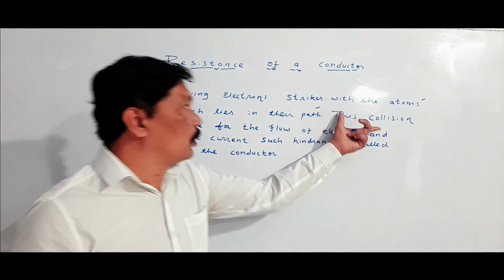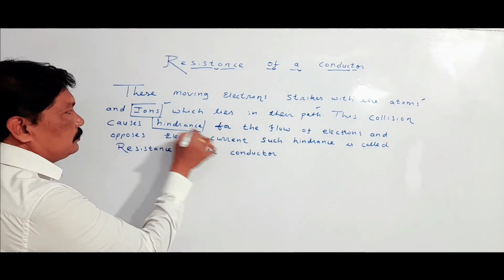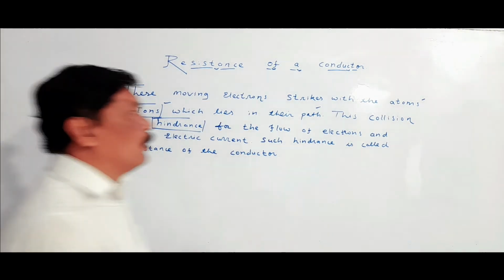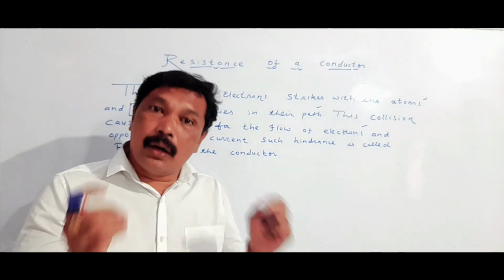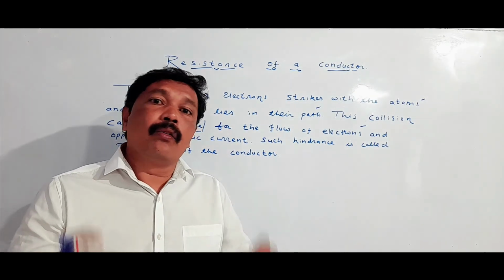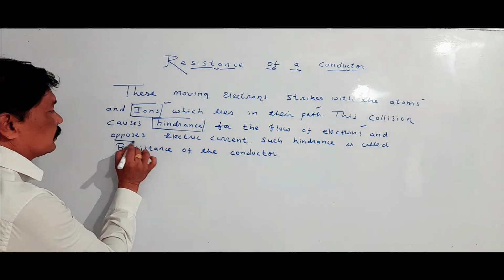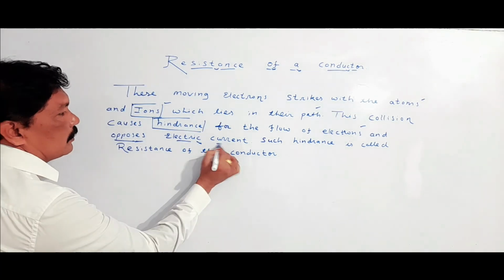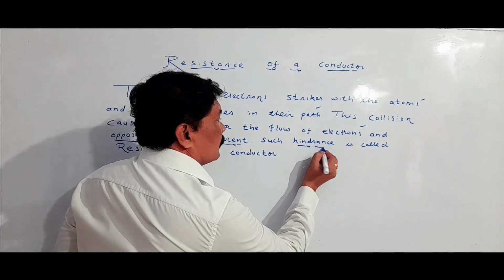Such collision causes hindrance for the flow of electrons, and not only does it cause hindrance for the flow of electrons, but it also opposes the electric current.